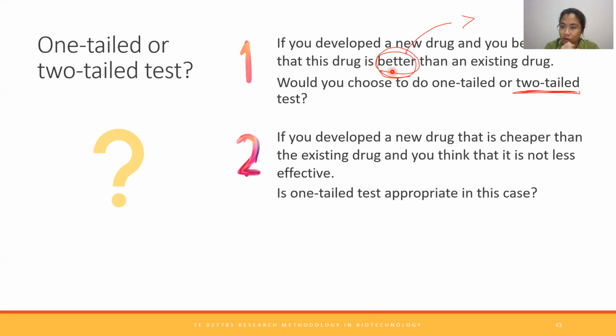So if you do a one-tailed test, you might miss the case where the drug is less effective. So that's how it goes.